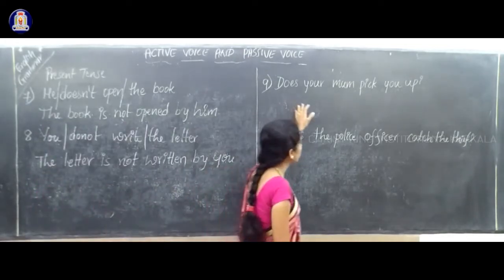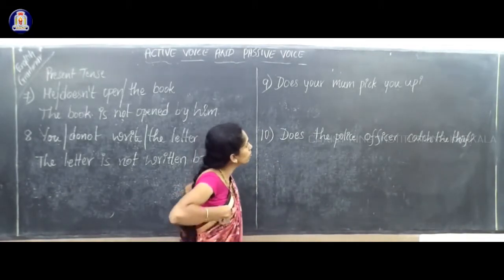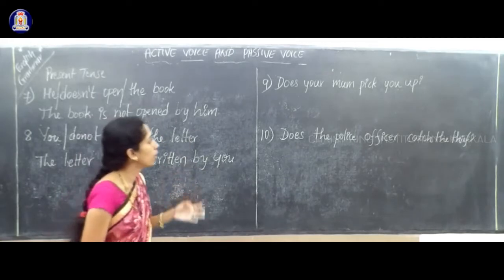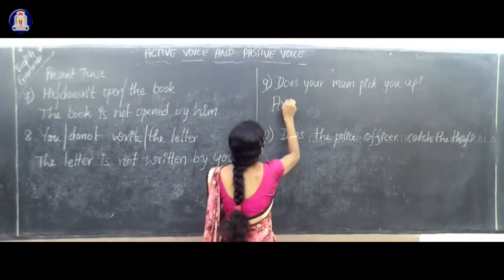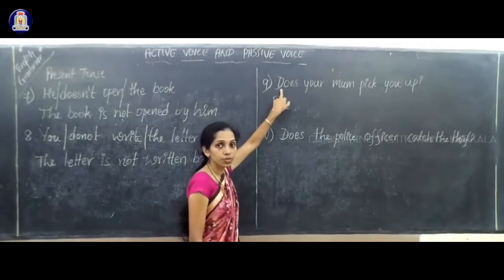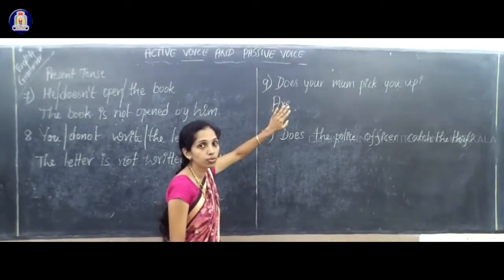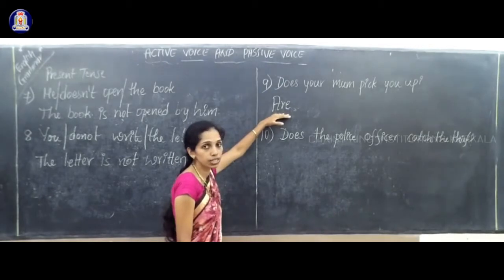Next, here it is the question. Yes or no question. Does your mom pick you up? How to write the passive? Here we are not again using this does. Though it is a helping verb, here we are not using it, because while writing the passive voice we have to use the be forms itself.